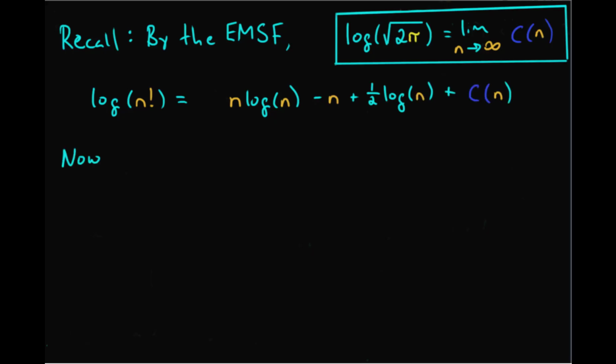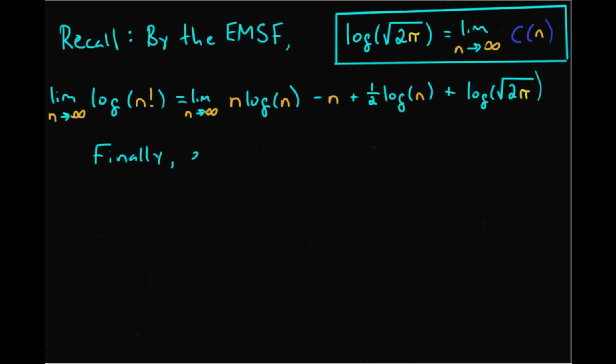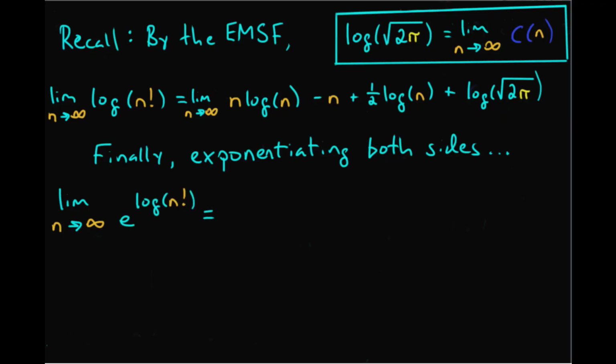And now taking the limit as n approaches infinity on both sides, we have the limit as n approaches infinity of the log of n factorial equals the limit as n approaches infinity of n log n minus n plus 1/2 log n plus the log of the square root of 2 pi. And now finally, exponentiating both sides, we have that the limit as n approaches infinity of e to the log of n factorial equals the limit as n approaches infinity of e to the n log n minus n plus 1/2 log n plus log radical 2 pi.